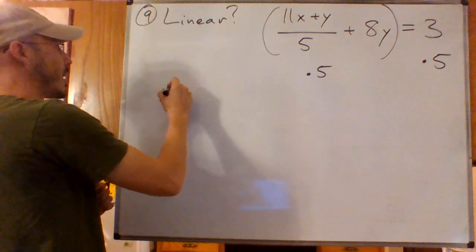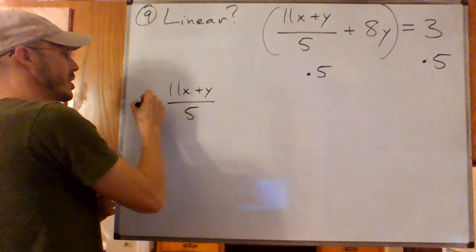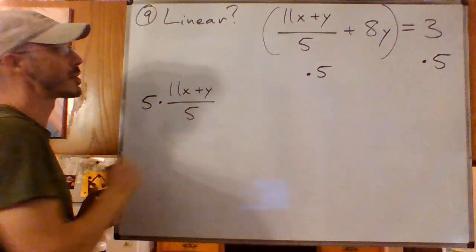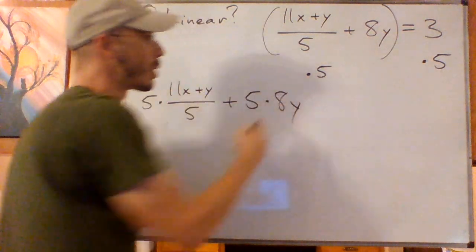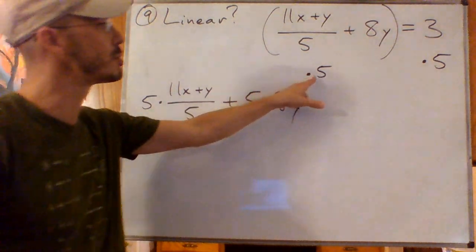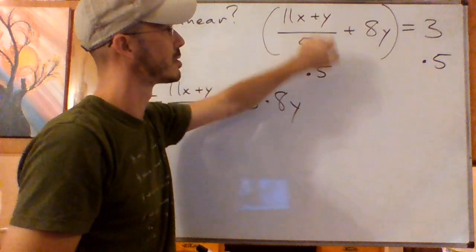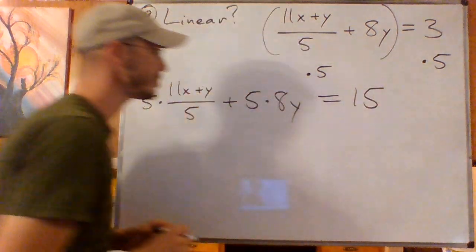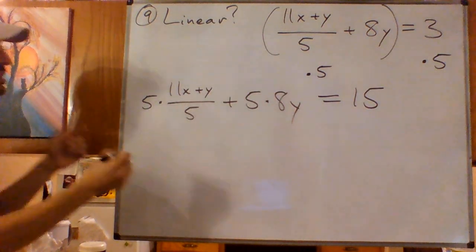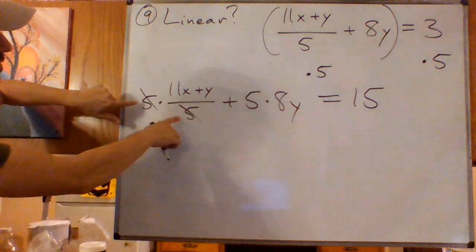I'll write this out: 11x plus y over 5 needs to be multiplied by 5. Also, the 8y needs to be multiplied by 5. I'm distributing this 5 to these two expressions. Over here, it's just 3 times 5. And the reason for that was that having multiplied by 5, those 5's cancel.